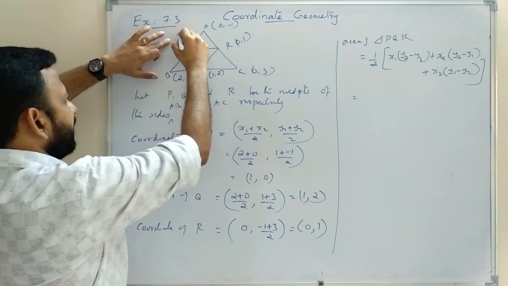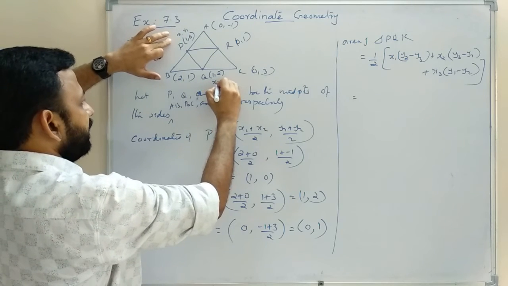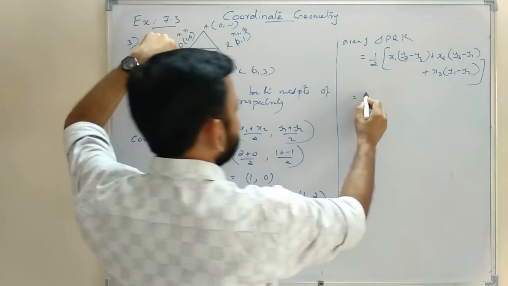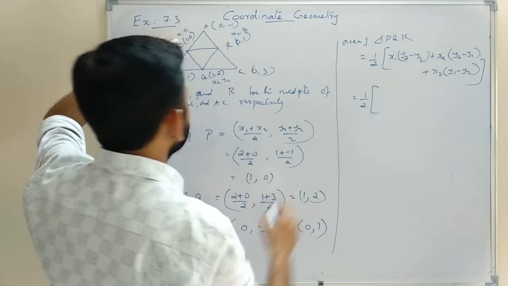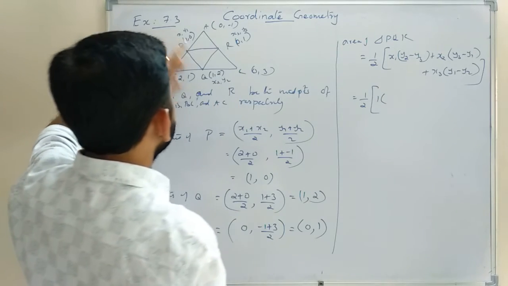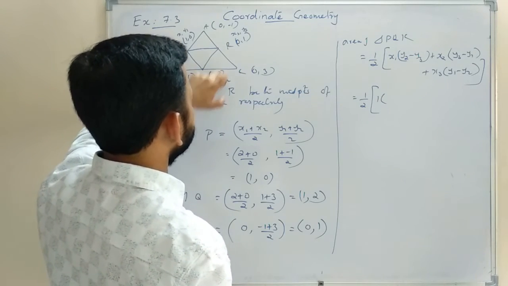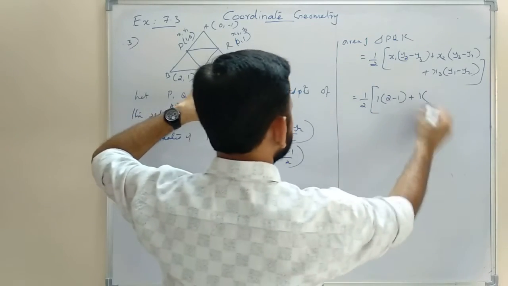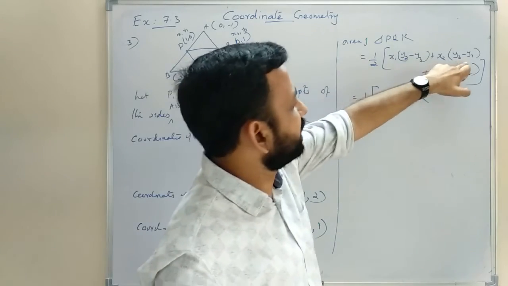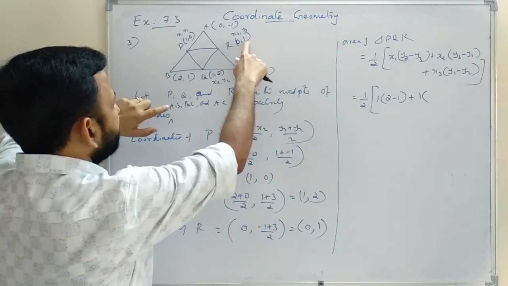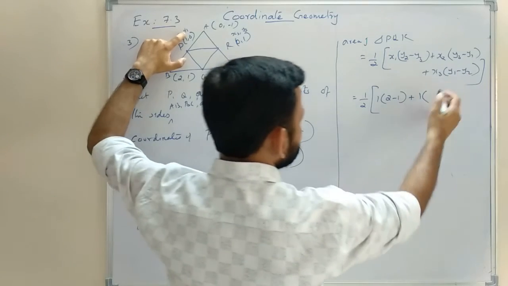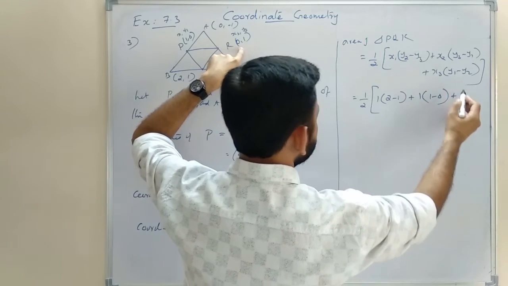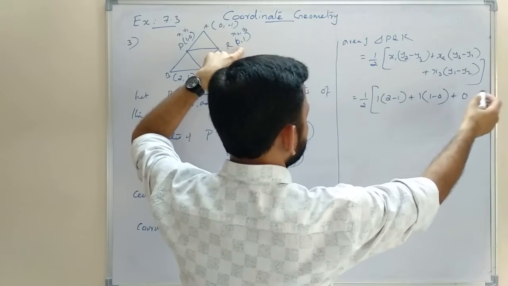Now we can replace their values. So we will take it as x1 y1, x2 y2 and x3 y3. So here 1 by 2 into, x1 is 1 into y2 minus y3, that is 2 minus 1, plus x2, that is 1 into y3 minus y1, so y3 here 1 minus 0, plus x3, that is 0, and that term will be completely 0.